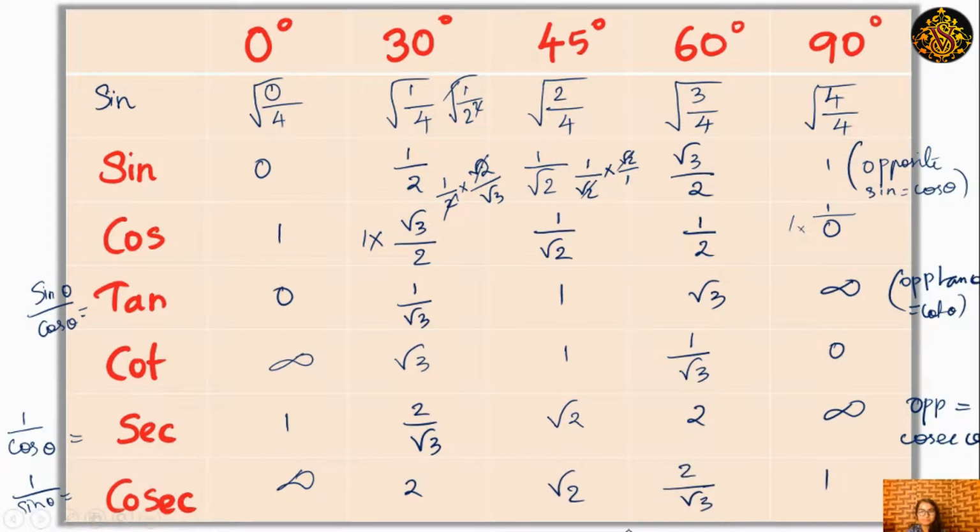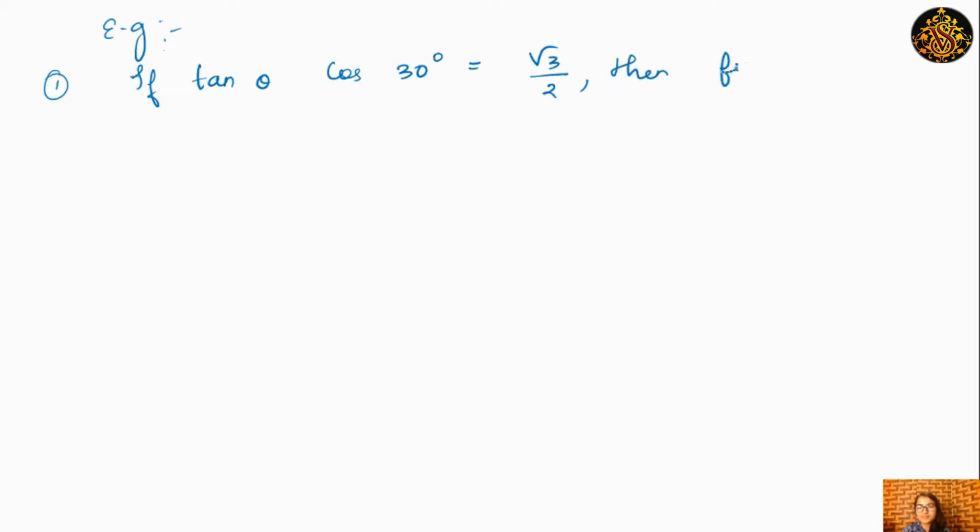Is it clear? We can see an example that has been asked in some competitive exams, the repeated questions, by using the table, how it is helpful for us. Okay. If tan theta cos 30 degree equal to root 3 by 2, then find the value of sin of theta minus 15 degree.